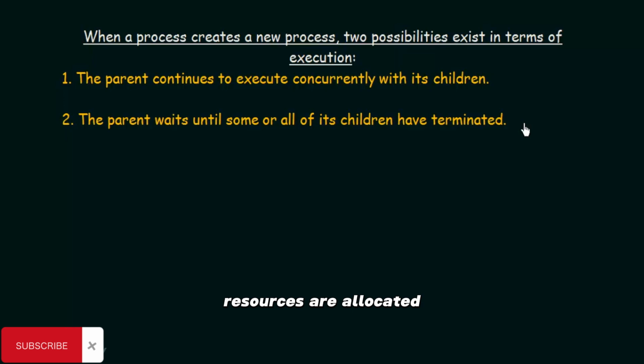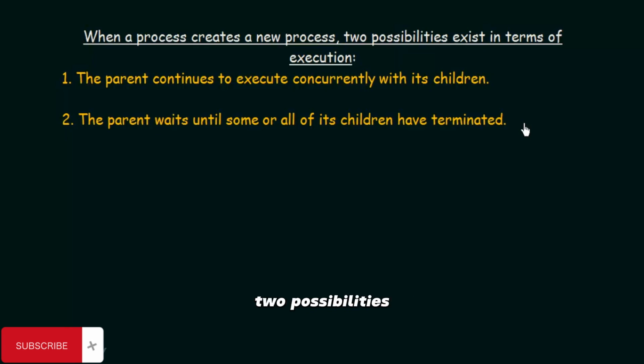So even when resources are allocated, we know that processes are allocated certain resources. So let's say that there is a process with certain resources, and when that process creates its subprocesses or its children, then the children may have all the resources that the parent was having, or they may have a subset or a part of the resources that the parent is having.